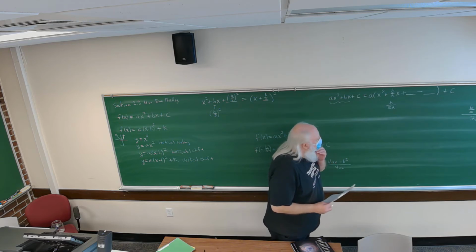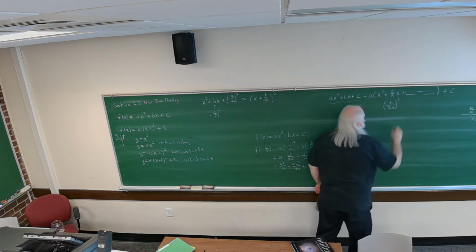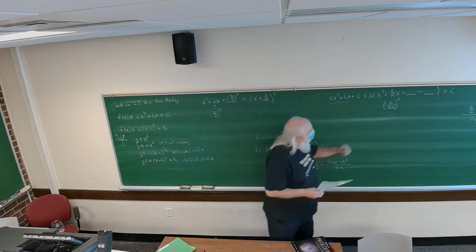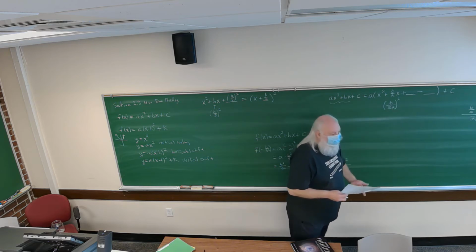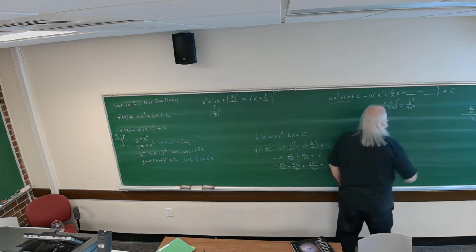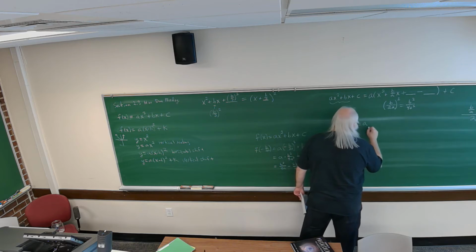Now we have to square this. So what we're going to add and subtract inside the parentheses is b over 2a squared, which is equal to b squared over 4a squared. Okay? So that's what goes in the blanks.